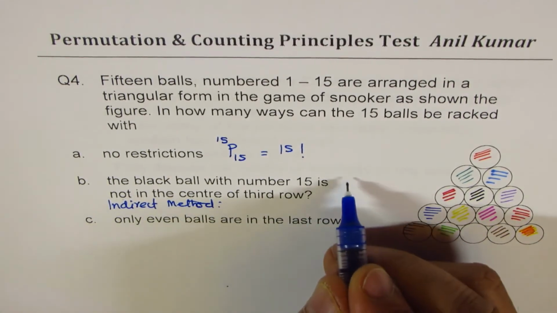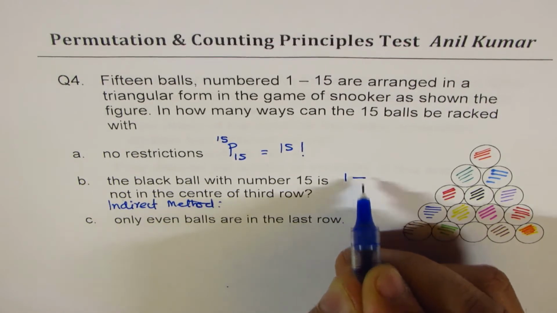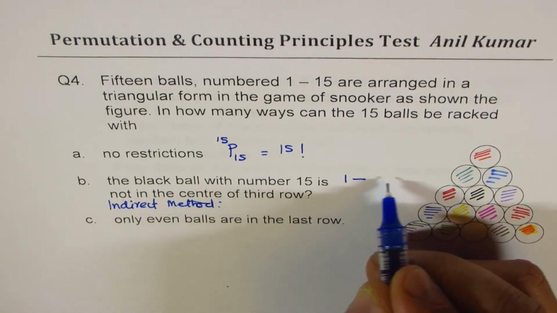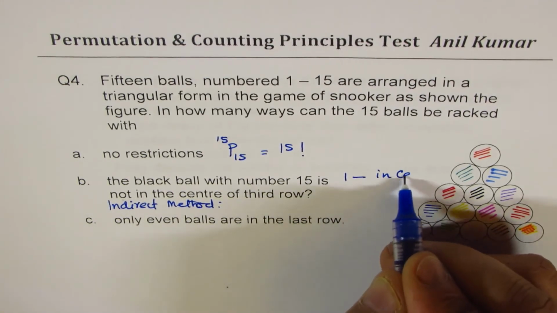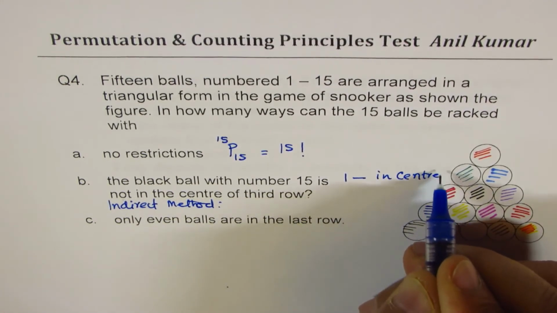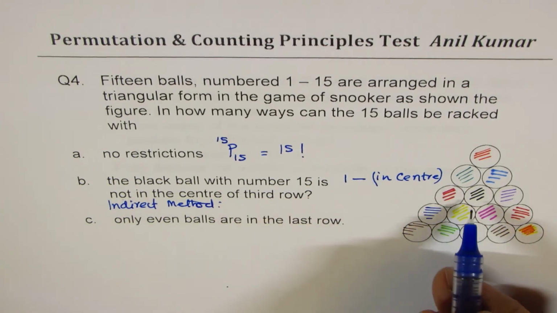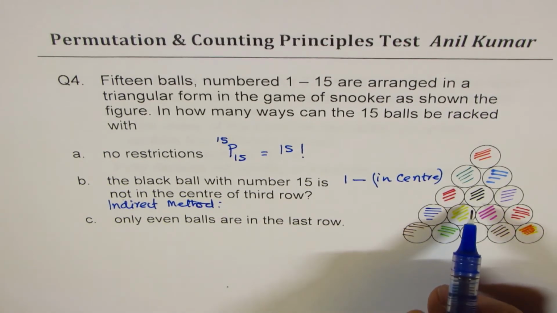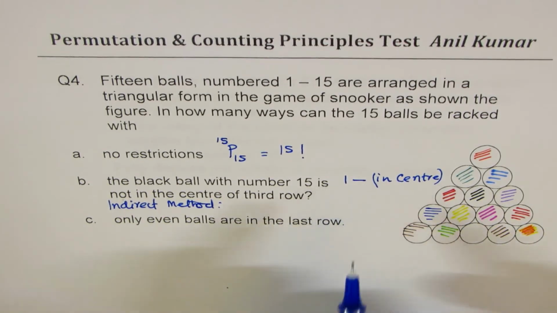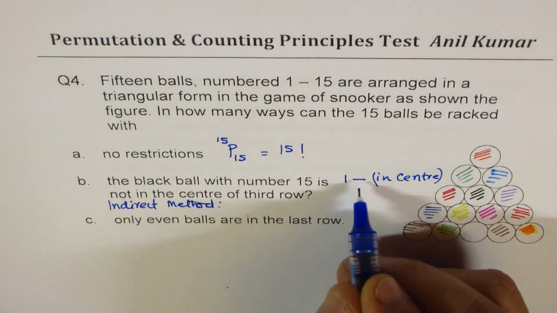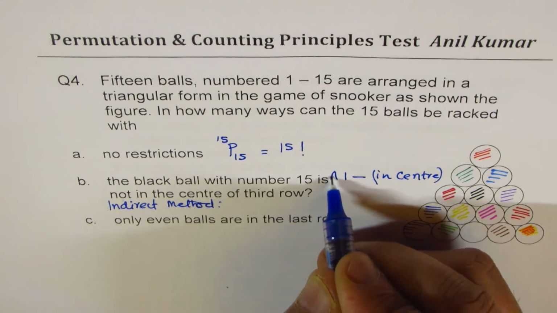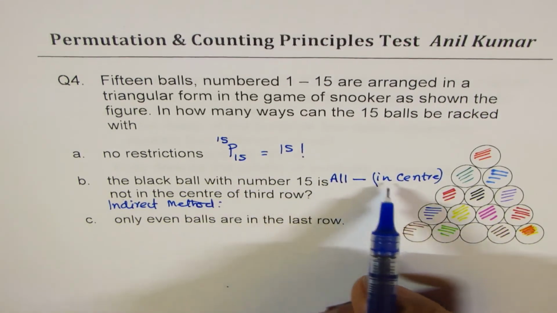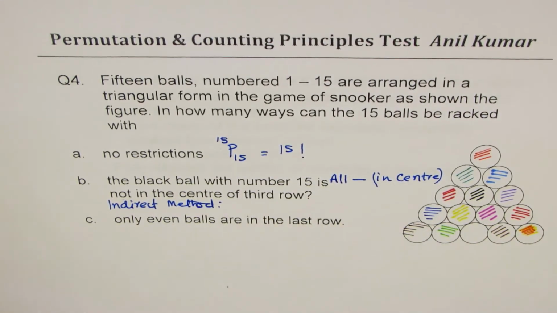So we'll find the number of ways in which it can be placed in the center, and then take that away from 15 factorial. I should not write 1 here. All ways minus in-center ways. Does that make sense to you?